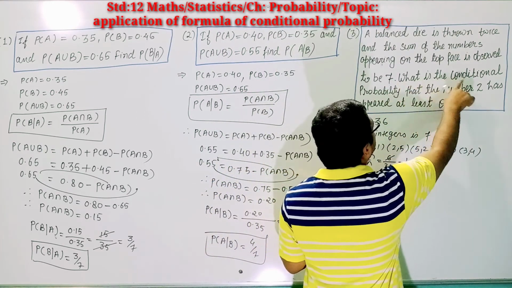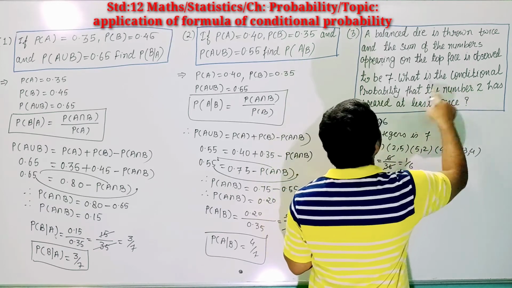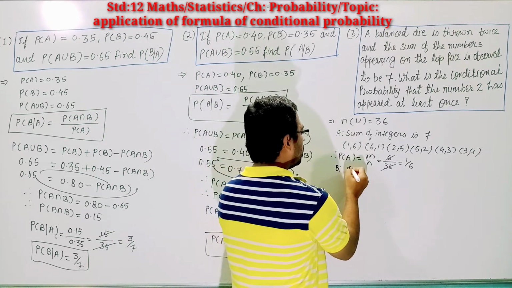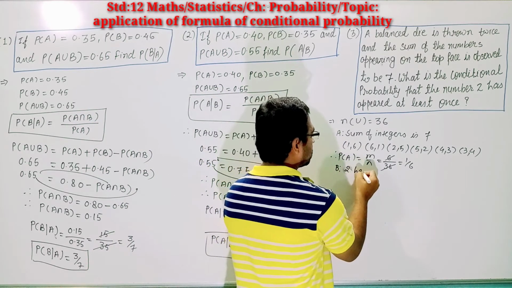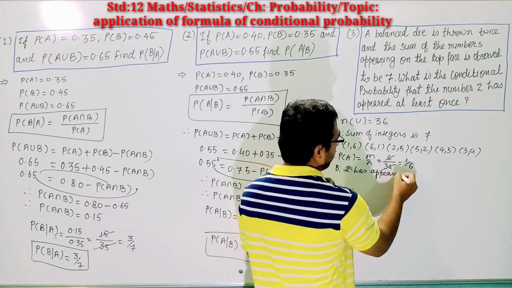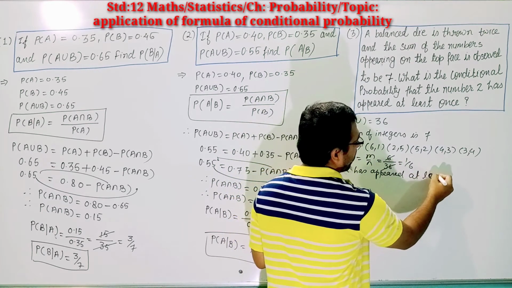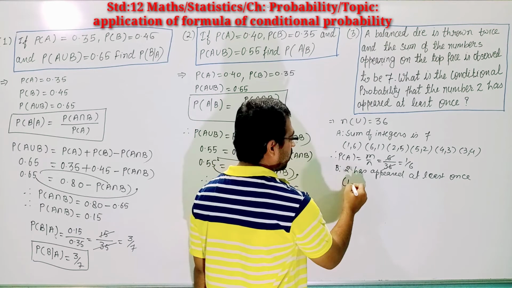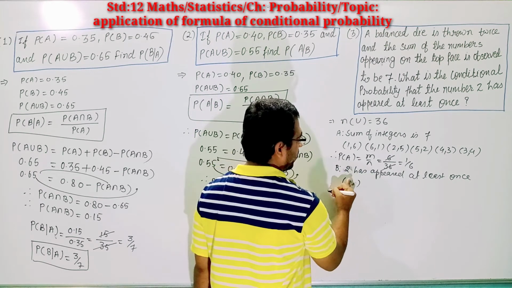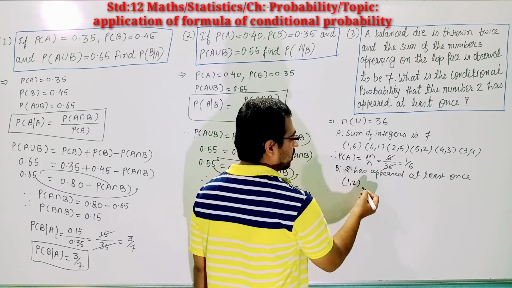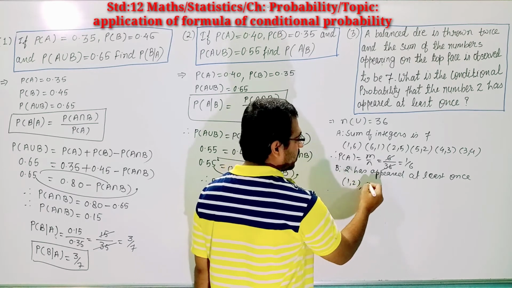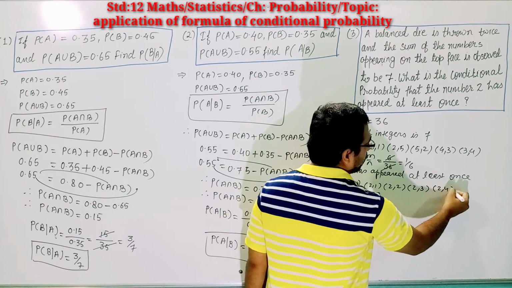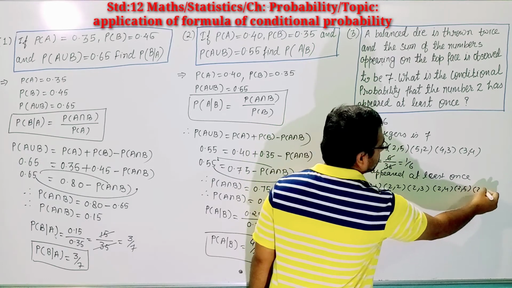Okay, on the second event, we want to find the conditional probability that the number 2 has appeared at least once. So what may be the ordered pairs? We can write 1 2, 2 1, 2 2, 2 3, 2 4, 2 5, 2 6.